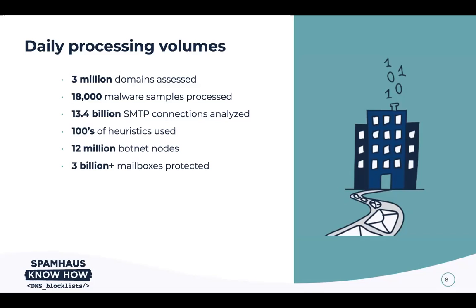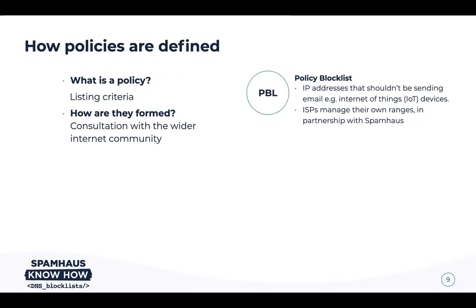Yes. So one of the things that I think is very important to us and to our users is the policies around the data sets that we publish. We don't just throw anything in there that we would like. Every data set that we publish has a very clearly defined policy of what we put in there, what our users can expect to be in there, and what would not be in there.